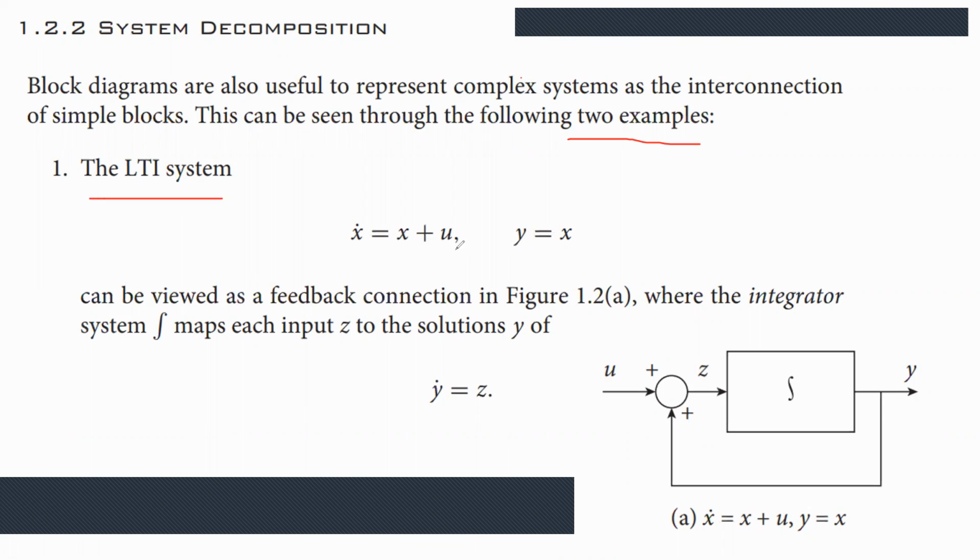As you can see, this is the state equation and this is the output equation, and this is the block diagram which is associated with this system. So it can be viewed as a feedback connection, like in this, where the integrated system maps each input z to the solution y of z.